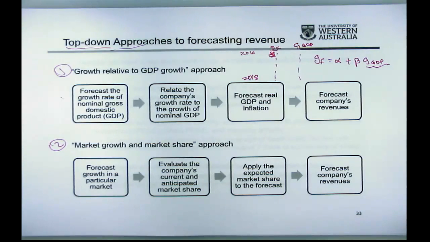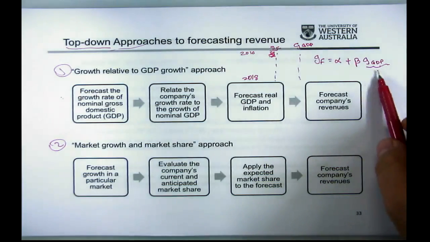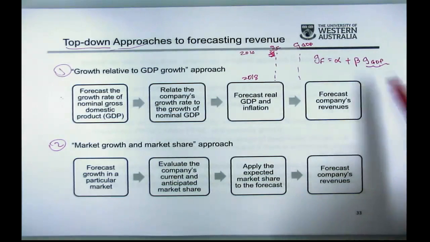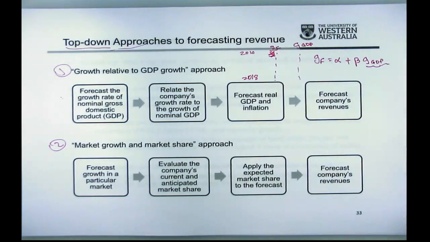Normally, the Reserve Bank of Australia and other government websites quote their expected growth rate of the GDP because it is a very important figure for policy makers. They need this figure to formulate their fiscal, taxation and spending policy.